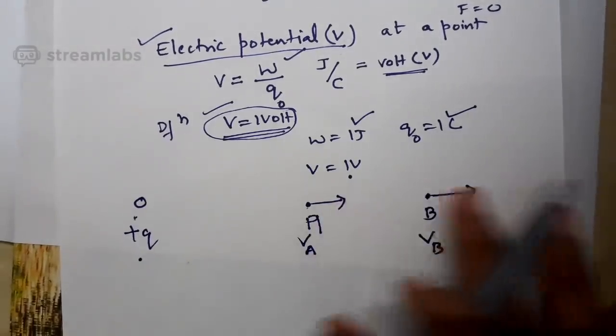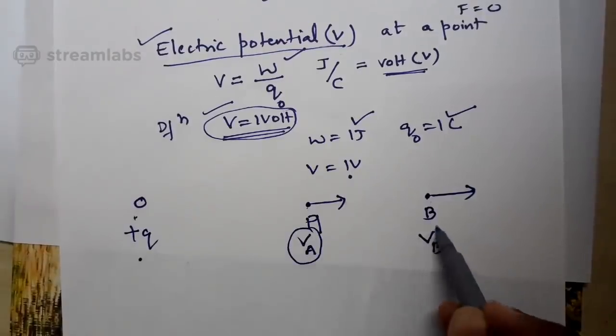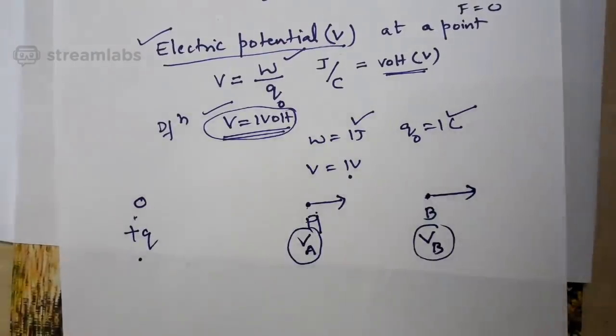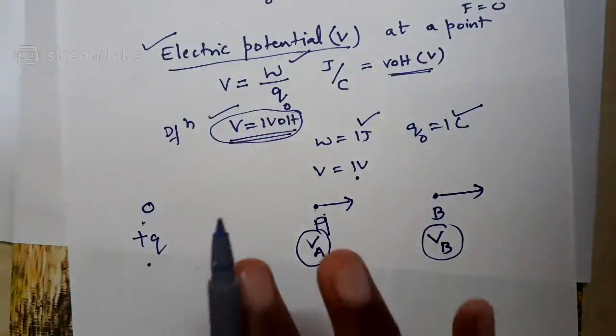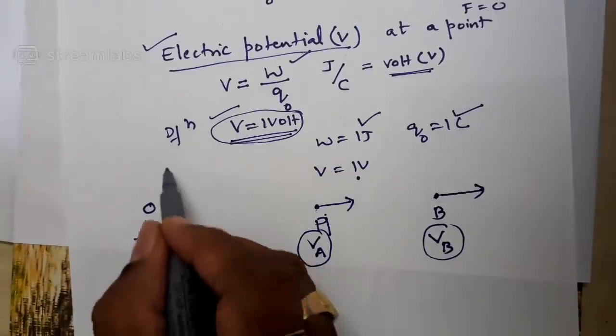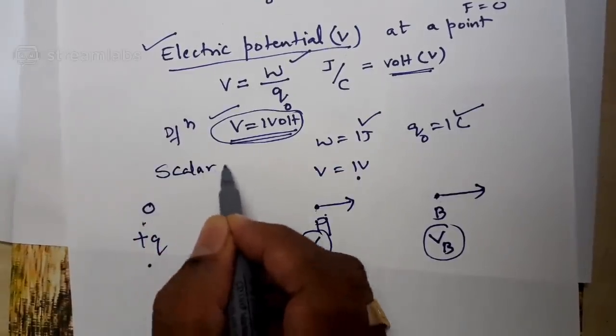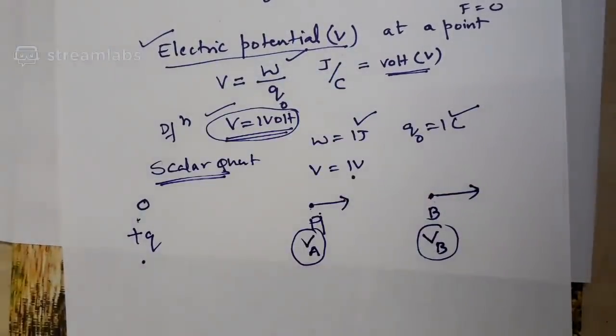So whatever I have drawn is the direction of electric intensity, and whatever I am talking about is electric potentials at A and B. The basic difference between E and V, I mean to say electric intensity and electric potential, is that electric intensity is a vector quantity, you know it, but electric potential is a scalar quantity. On what basis do you say it is a scalar quantity? Just refer to the definition of potential that we have given.